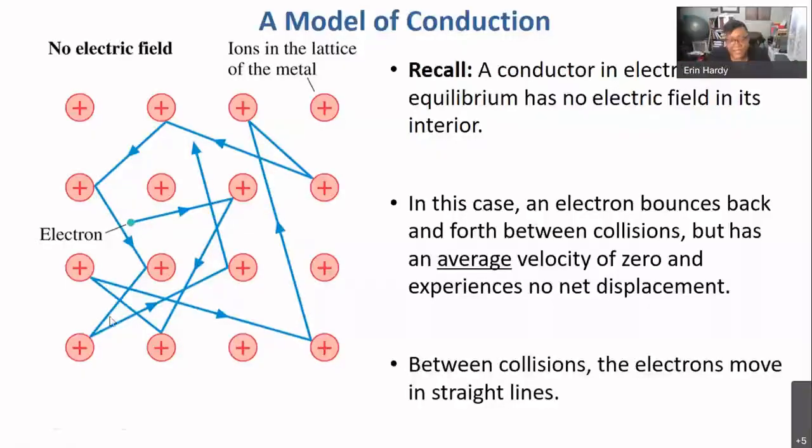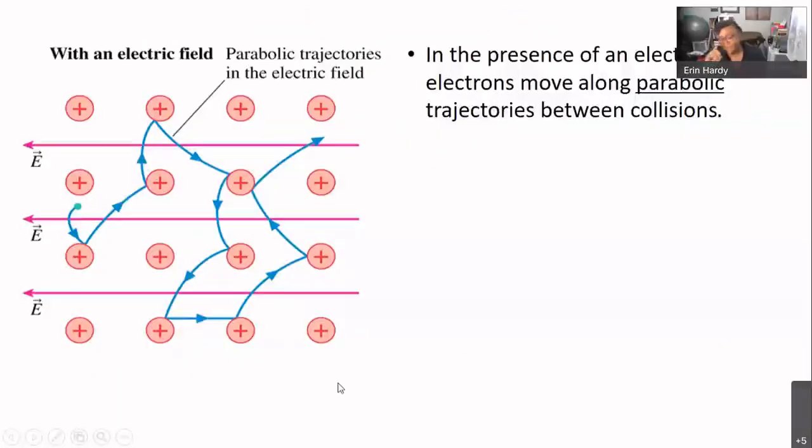This changes when there is an electric field on the interior of this conductor. So the straight line trajectories that we have here are now going to be bent into parabolas because there is another force acting on these electrons.